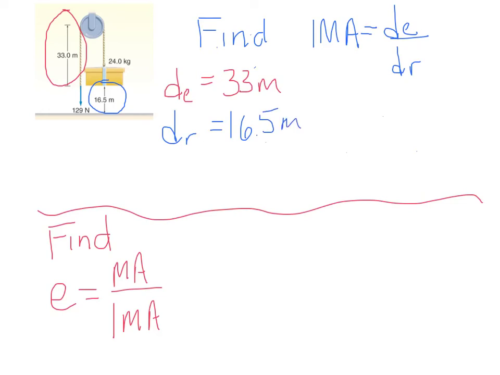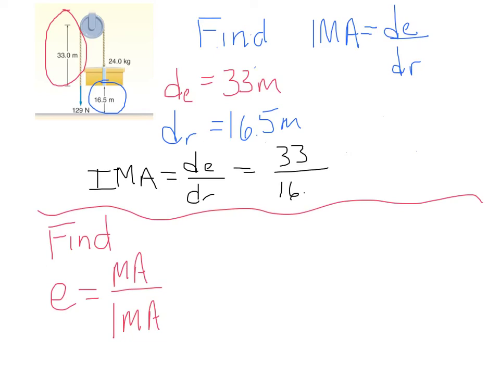So to find our ideal mechanical advantage, you find the ratio of those two things, effort to resistive, so you have 33 over 16.5. Again, there's no unit for these. And we get an ideal mechanical advantage of 2.